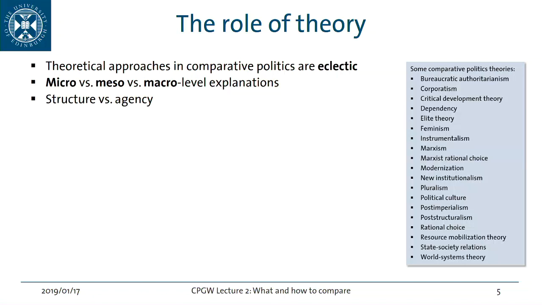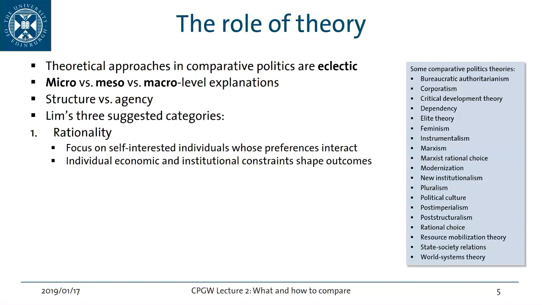And you already hear that some of the theories you might have heard during your studies might fall into one of these two categories, right? Theories that emphasize the structure around us and theories that emphasize how we act within that structure and how we can change it.